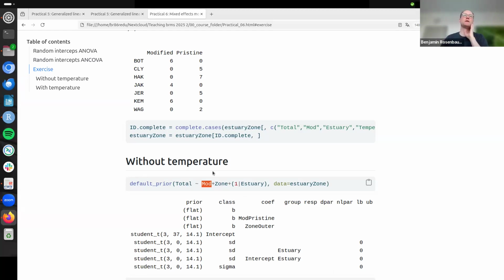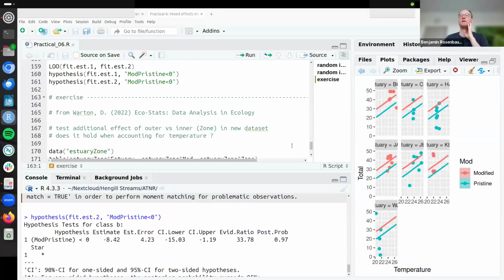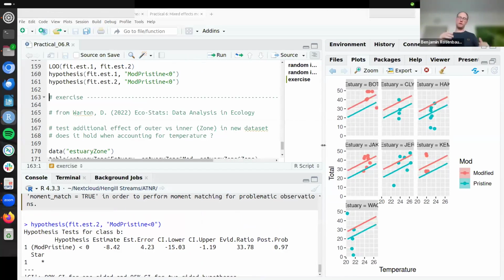Right, so before in the model we fitted, we have seen, okay, even accounting for temperature, we still found a difference here between modified and pristine, and you can go through the same steps in the exercise with this new data set, which is very similar, but includes this additional predictor of the outer and inner zone in each estuary.